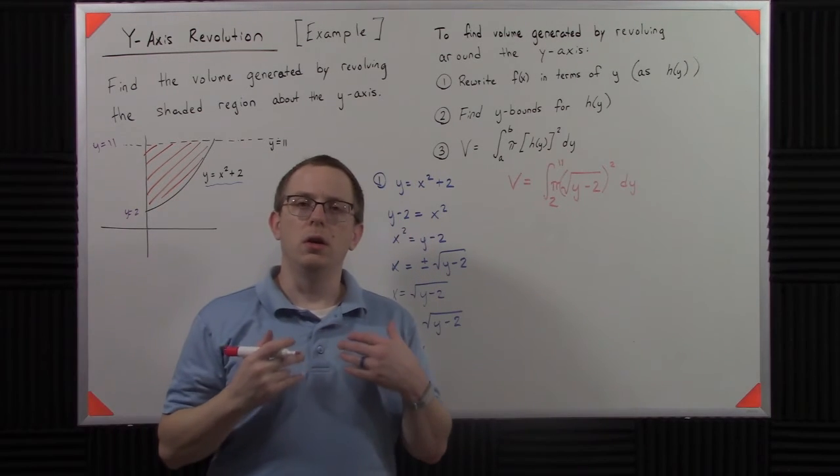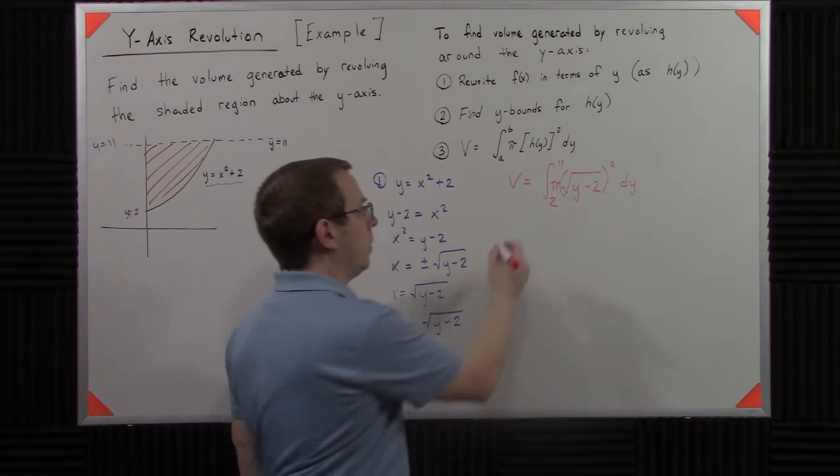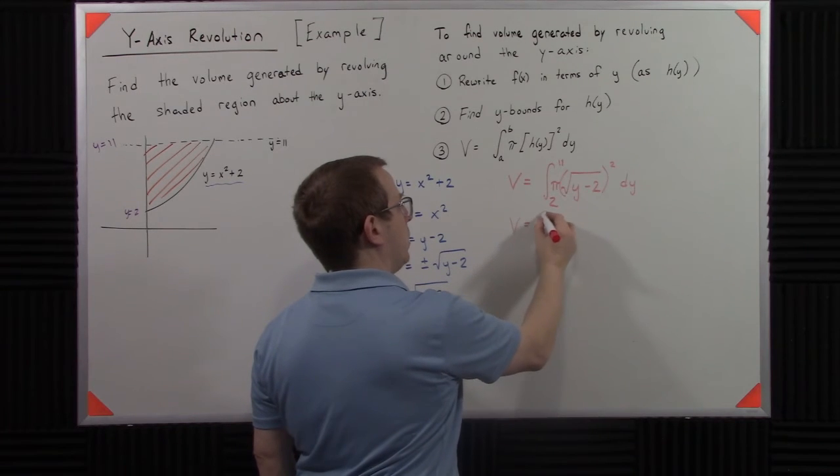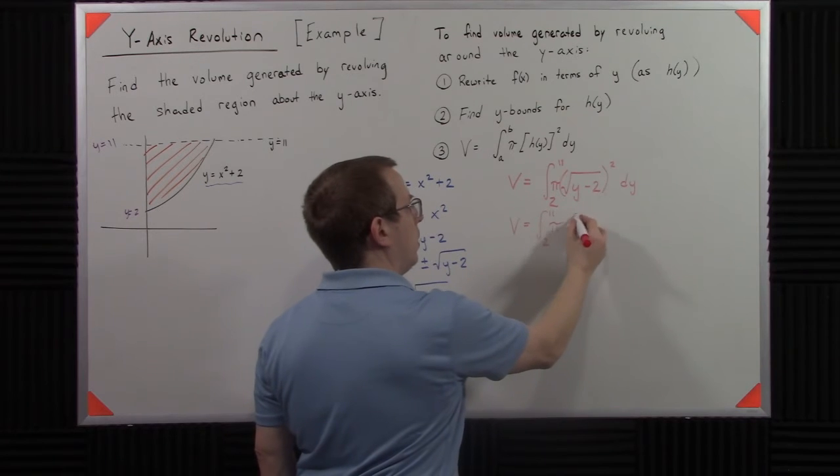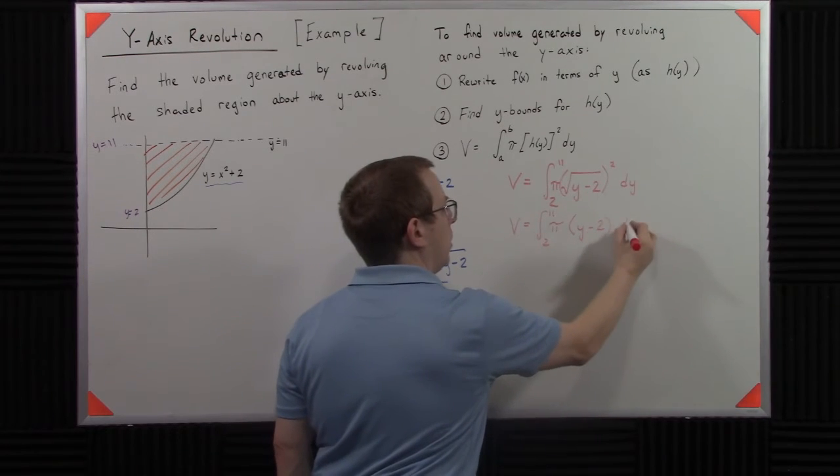So we just need to square this thing. V is then pi times the integral from 2 to 11 of y minus 2 dy.